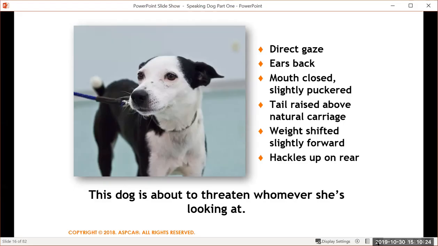The weight appears to be shifted forward a bit. And in this case, it's a little fuzzy, but the hackles are up on the dog's rear. You can't see its withers, but definitely on the rear. So we would interpret this that the dog is about to threaten whatever it is that she's looking at. Next slide.